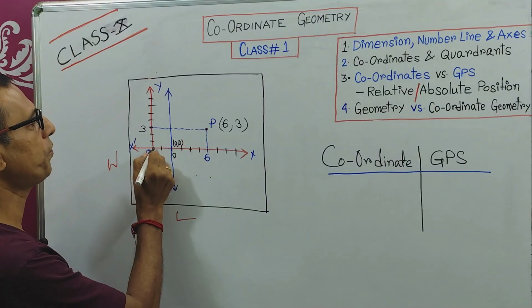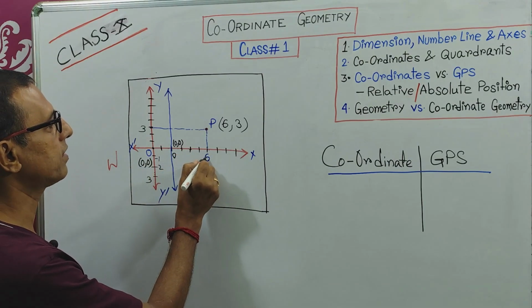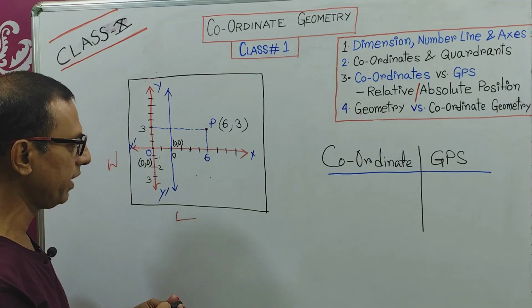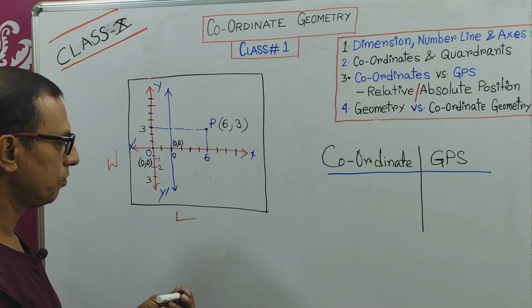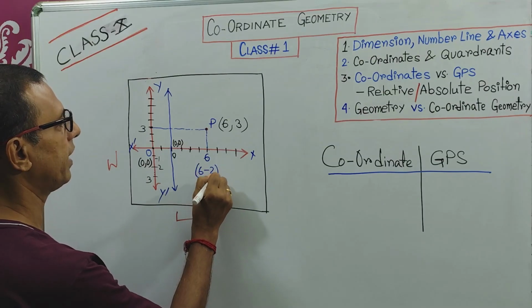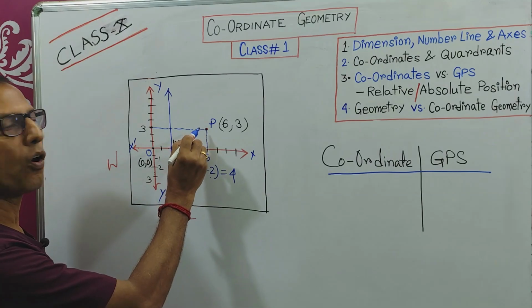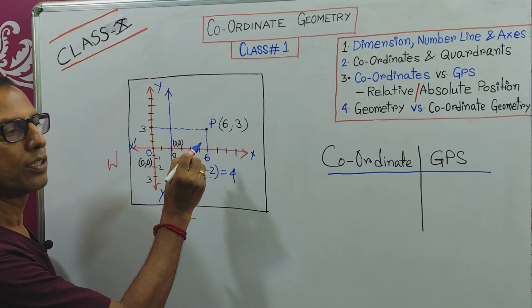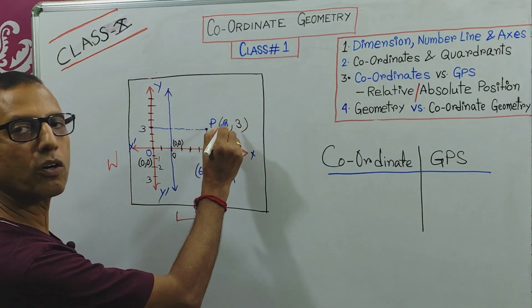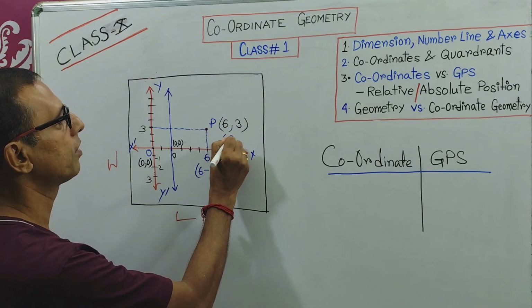So now if you move 2 units to the right side, this distance, this point will be 6 minus 2, that is 4. But your y ordinate doesn't change. So in that case, what will be the coordinate for this particular point? It will be 4, 3.